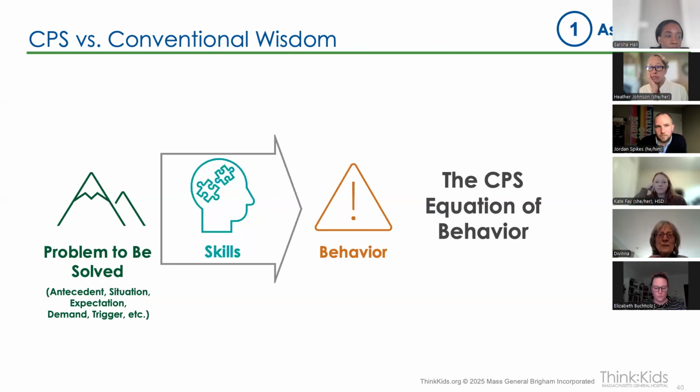Can I just quickly say, for me, what's tough about it is maybe the left to right. The problem to be solved often is not clear to us until we have a conversation with them.